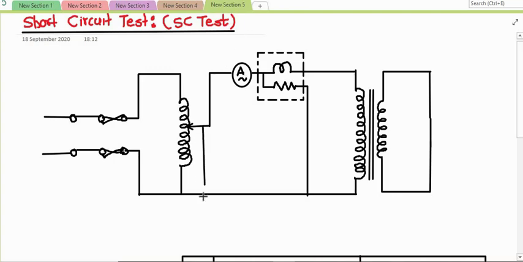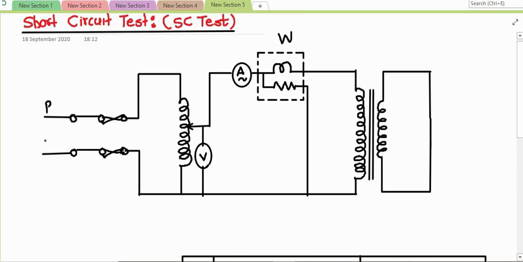Let us draw one voltmeter on this side. This is your voltmeter. And this one is your wattmeter.